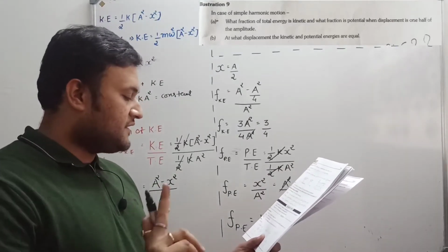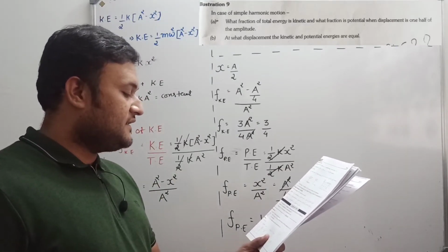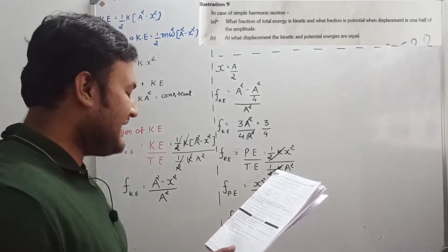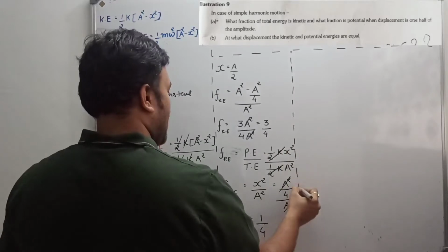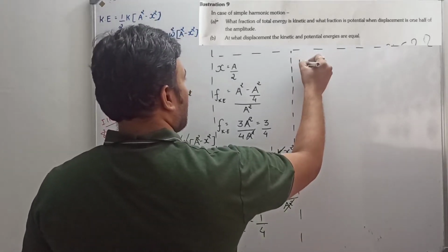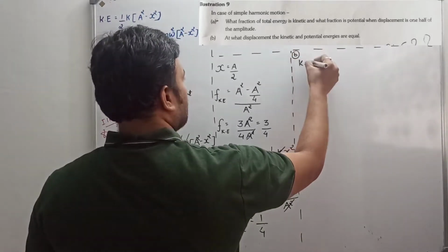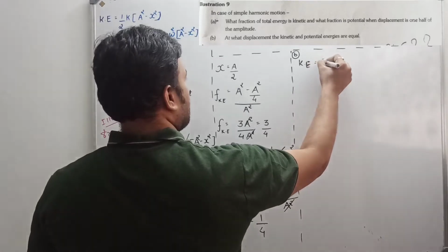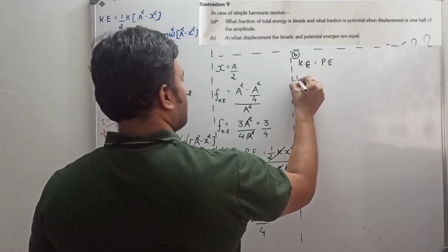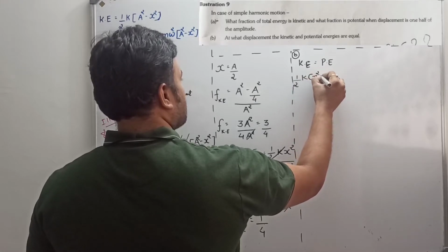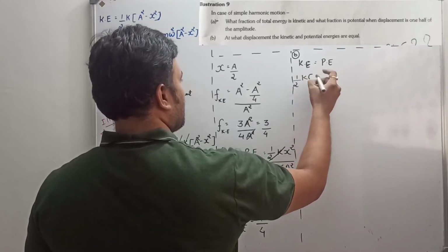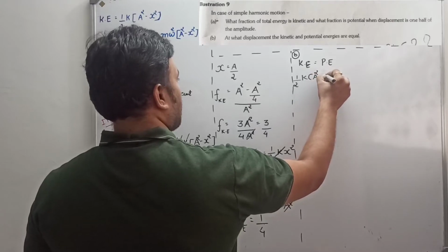B, at what displacement are the kinetic energy and the potential energy equal? Here the given condition is such that kinetic energy is equal to potential energy. What is the formula of kinetic energy? This is 1/2 k (a square minus x square).